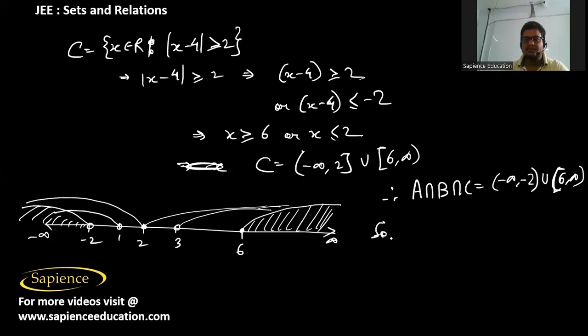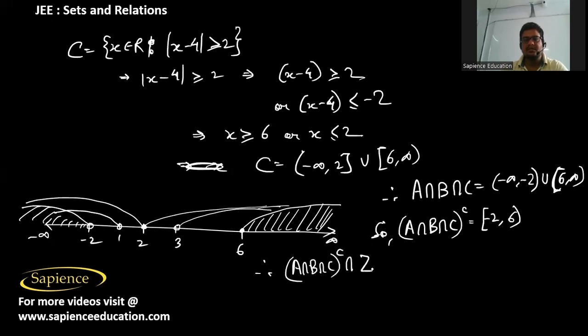So we can say (A intersection B intersection C) complement will be equal to the region excluding this part. So that will be from -2 to 6, like this. So therefore (A intersection B intersection C) complement intersection Z, where Z is the set of all integers.